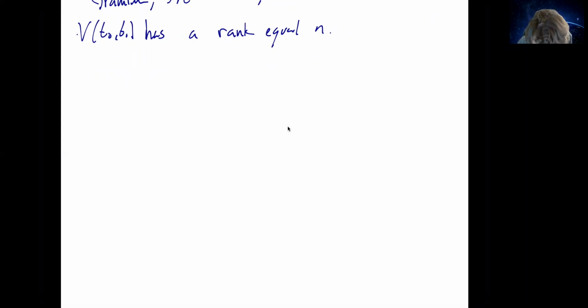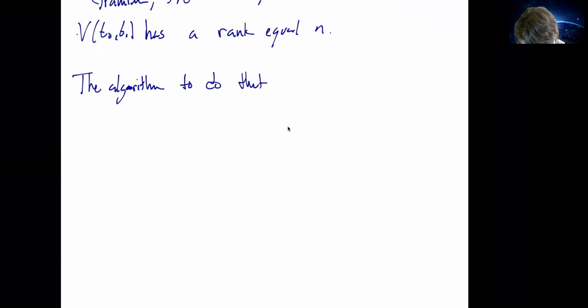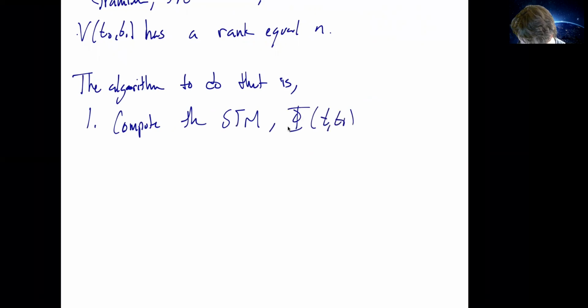And the basic algorithm to do that is: one, compute the state transition matrix, Phi of t, t0. Two, evaluate the observability Gramian.